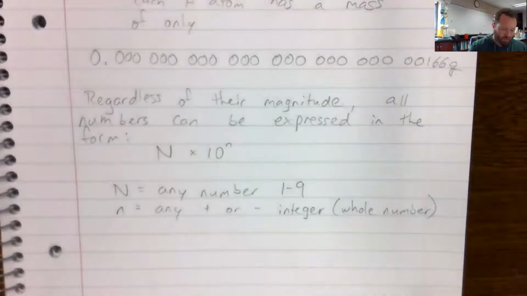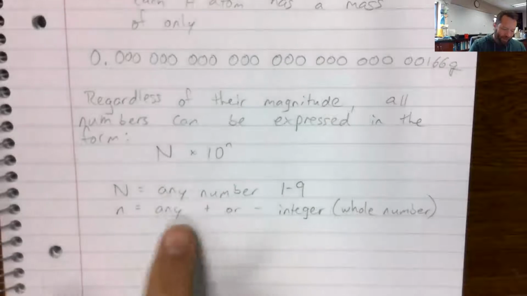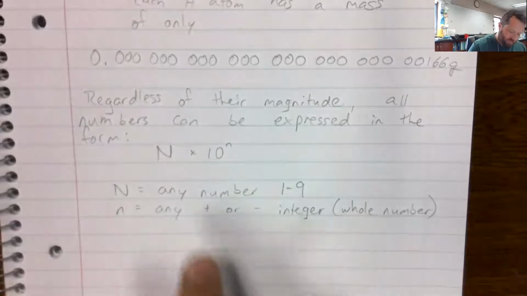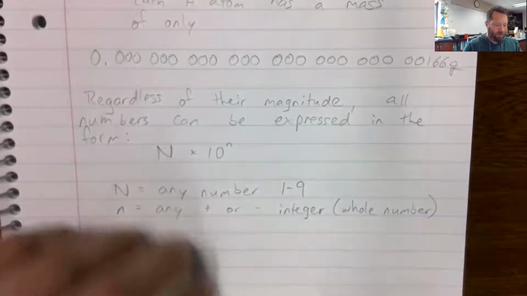So for this class, for scientific notation, we're not going to use decimal points. You will sometimes see them, but not proper scientific notation, because all we really want is a magnitude of 10. So a positive or a negative integer, whole number, is what we're looking for that superscript behind the 10. A couple of examples I'll show you here.